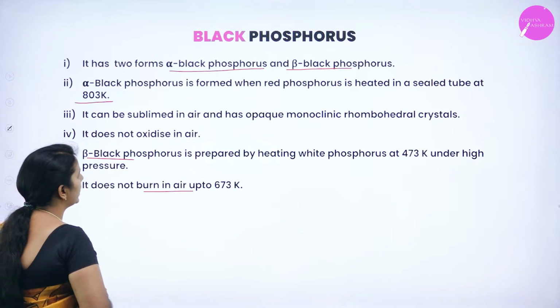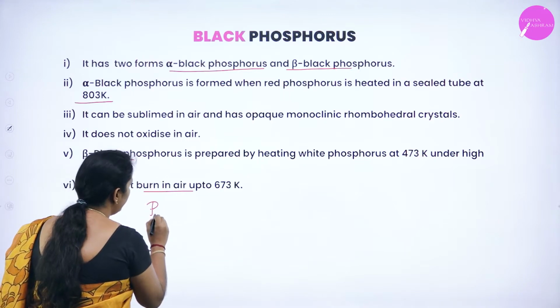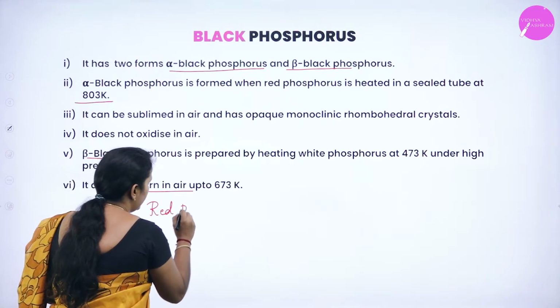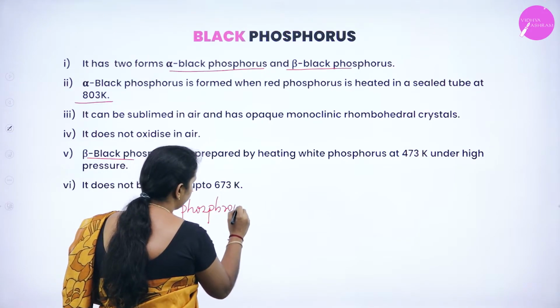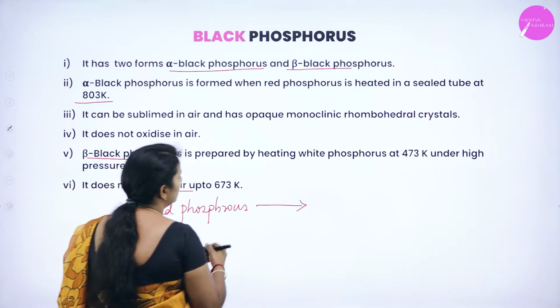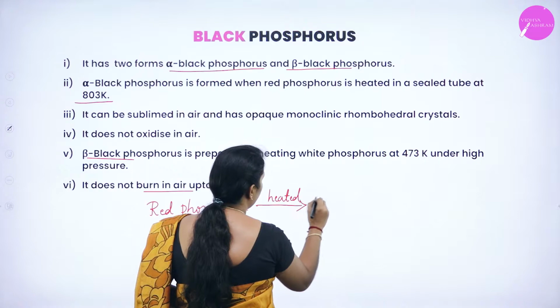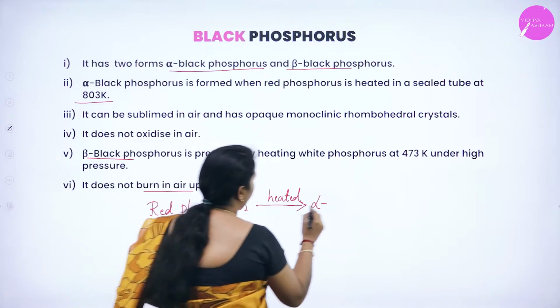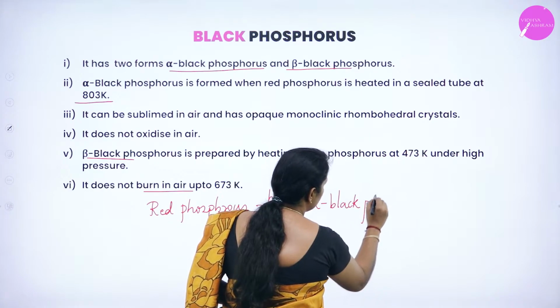I'll show it with the reactions. First, I'll take red phosphorus. Red phosphorus, if you heat it in a closed tube, you will get what? Alpha black phosphorus.